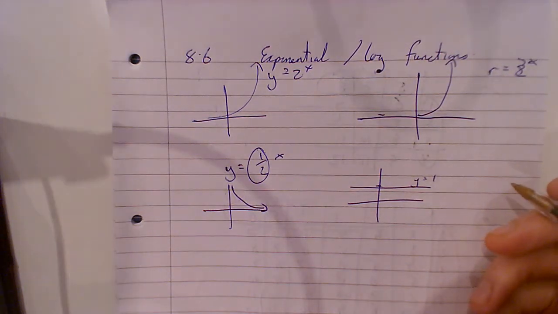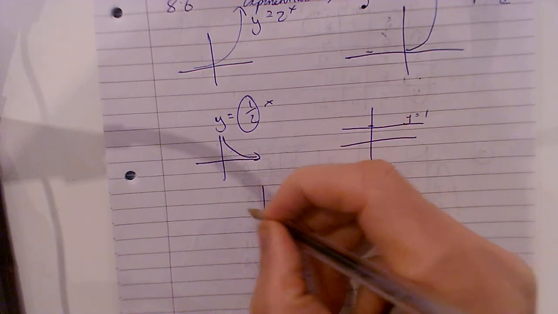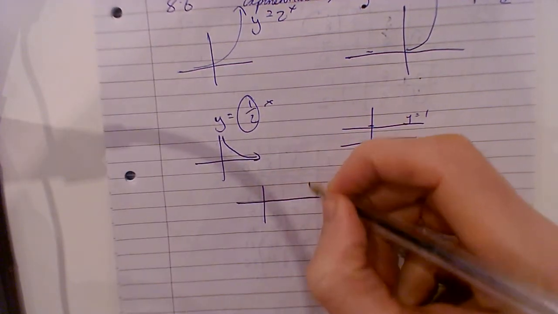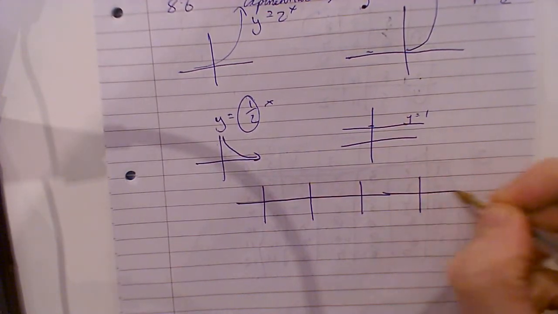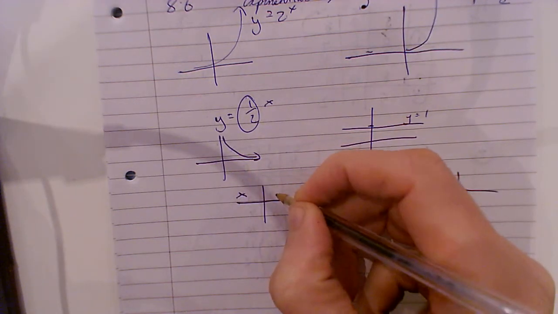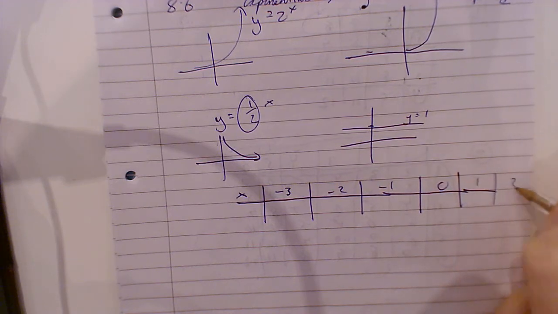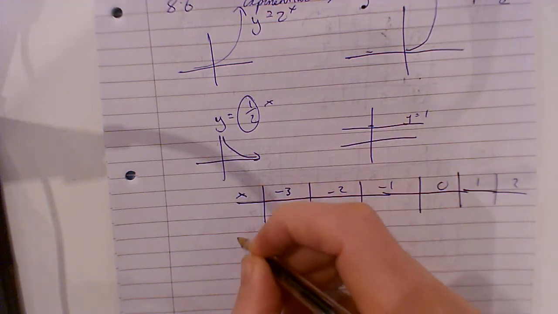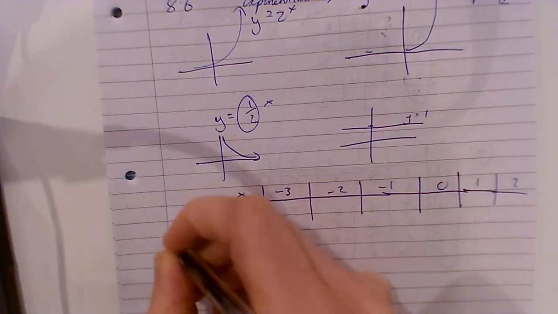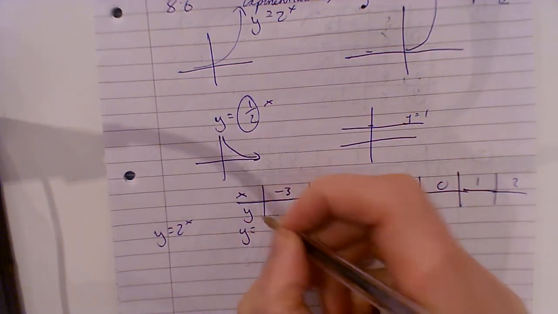If they give you something as follows, I'm going to try to make this as simplistic for you, and your calculator can do this as well. If they give us x is -3, -2, -1, 0, 1, 2, and they say y equals 2^x, you've got two ways in which to do this.